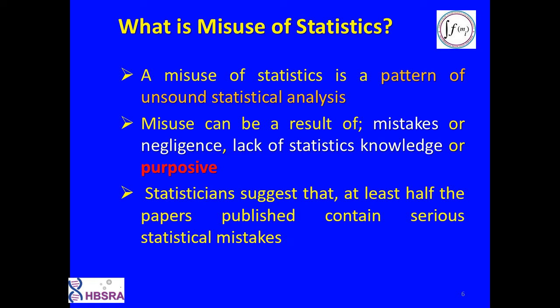Statisticians across the world suggest that at least half the papers published contain serious statistical mistakes. I am a member of the American Statistical Association, the Statistical Society of Australia and the Statistical Society of Sri Lanka.